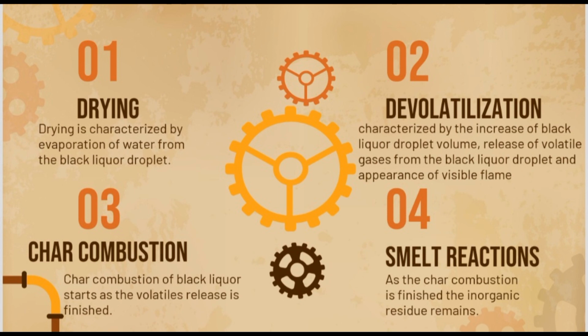The third is char combustion. Char combustion of black liquor starts as the volatile release is finished. Often the combustible material remaining after volatile release is termed fixed carbon. Fixed carbon does not include inorganic ash. In laboratory tests, char combustion starts when the visible flame is extinguished.